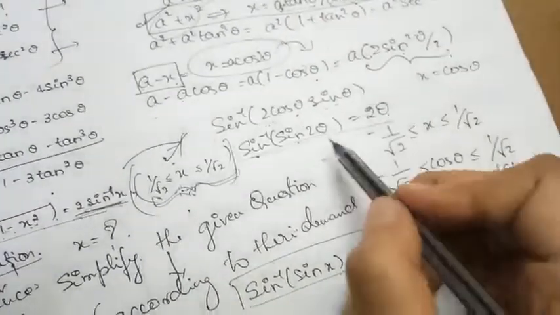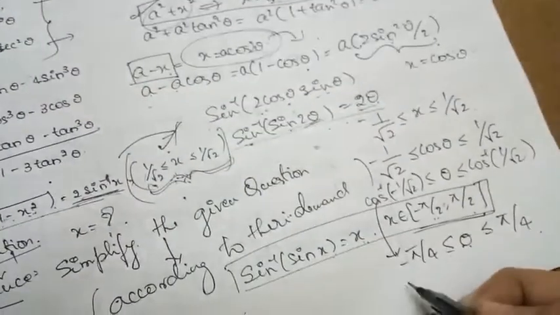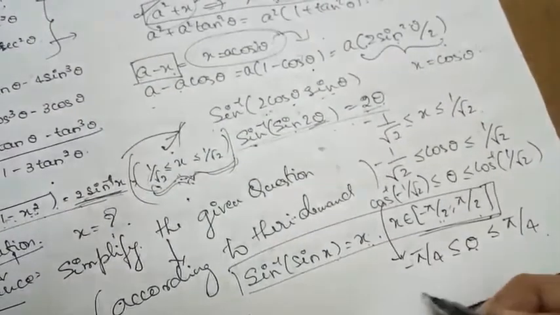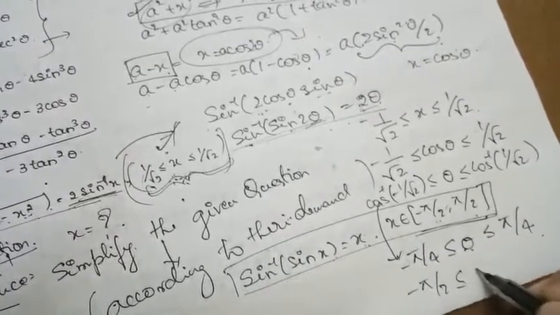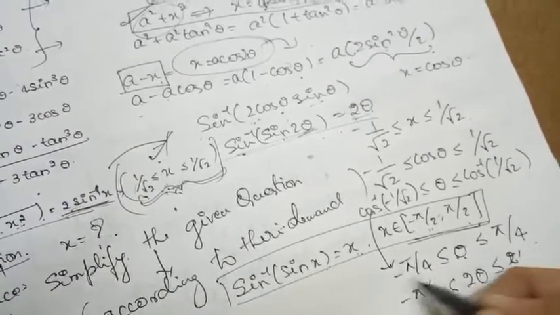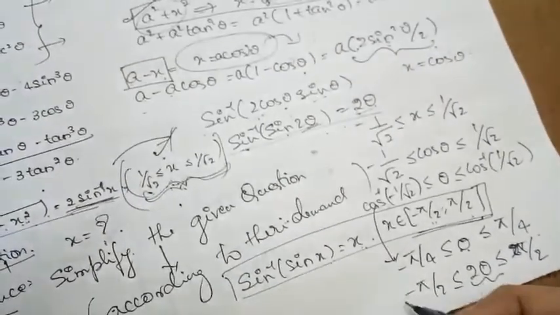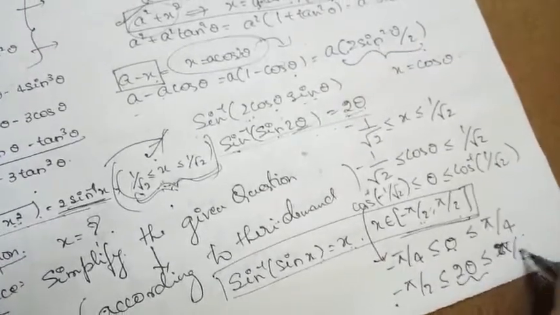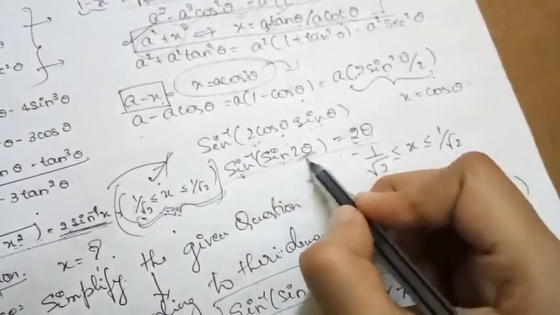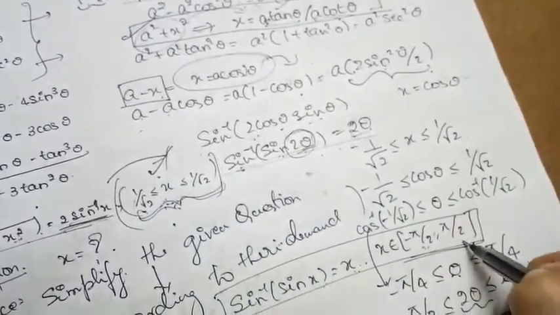But what we required here is 2 theta. So if I multiply the whole equation by 2, 2 theta is lying between minus pi by 2 and plus pi by 2.